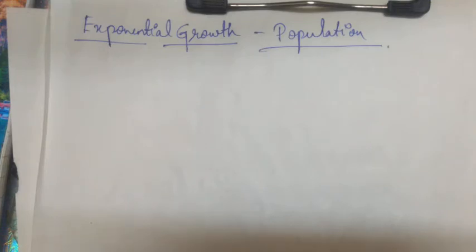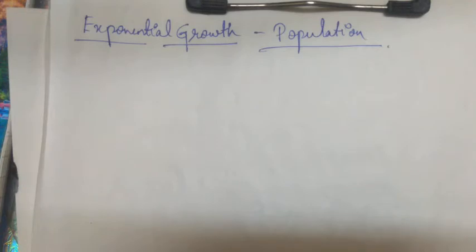As you know, population depends on time, and the rate of increase in population is proportional to the same quantity. We see that for the initial stage, that is, the initial population.